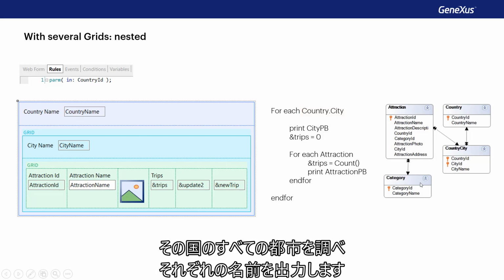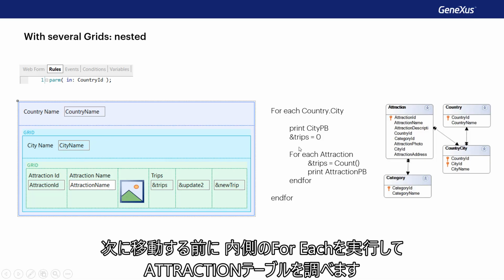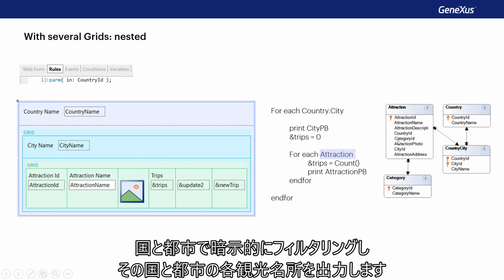So, it'll go over all the cities in that country, and for each of them, it'll print its name, and prior to moving on to the next one, it'll execute the internal for each, which will go over the attraction table, filtering implicitly by country and city, and printing each attraction in that country and city.